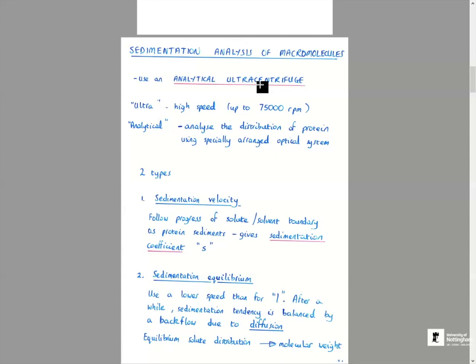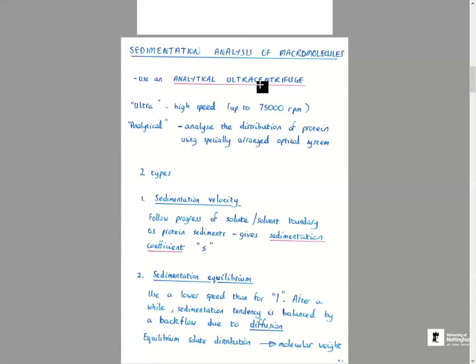So it's a way of increasing the G-force. We're all familiar with stuff that sediments under gravity, but at very high speed we can sediment small particles by increasing the G-force. So the higher the rotation speed, the higher the G-force.